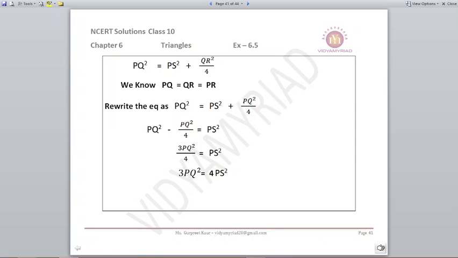And we know PQ is equal to QR is equal to PR. So again we are going to substitute this. So PQ square is equal to PS square plus PQ square upon 4. Subtract it. You get 3PQ square upon 4 is equal to PS square. So 3PQ square is equal to 4PS square, and hence we have proved this.